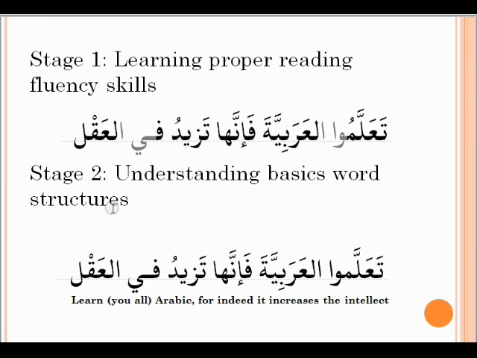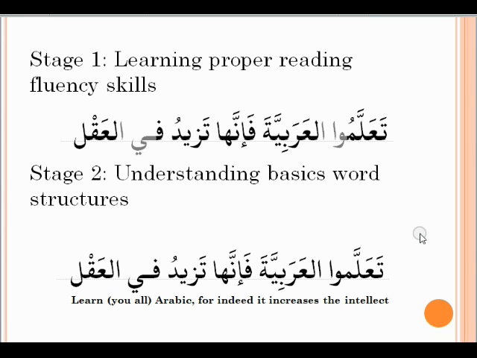Another stage, which will be explained, is how to build Arabic words. In Arabic, there's a system for building words. They take basic root letters. Let's say the root could be 3 or 4 letters, and they build new words from this root by attaching letters to it.